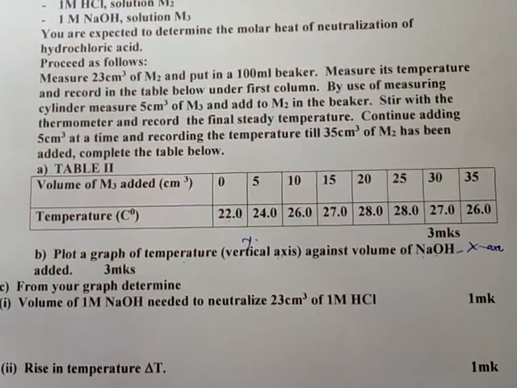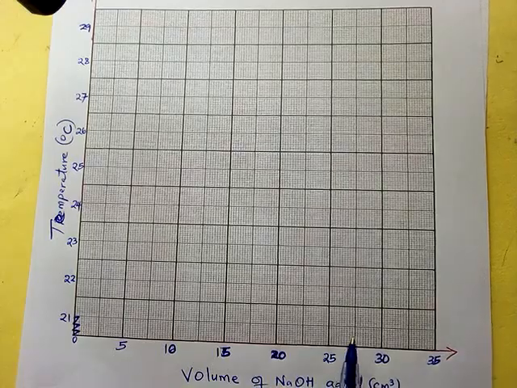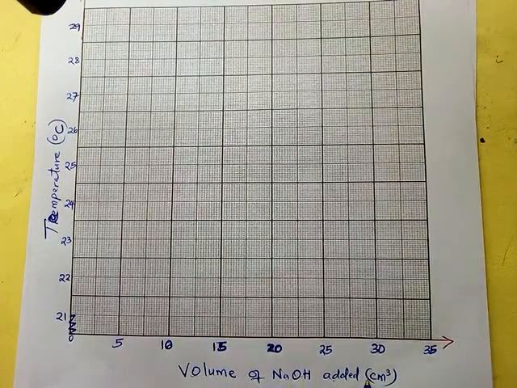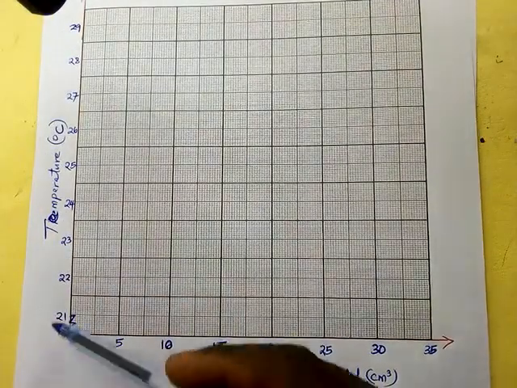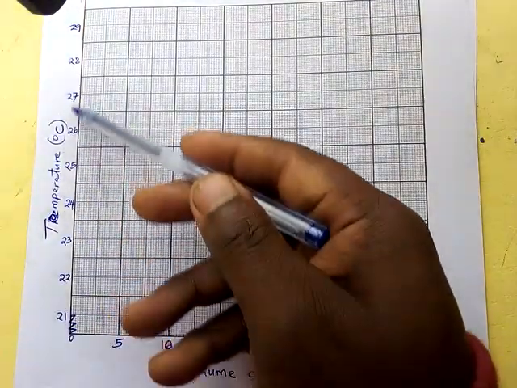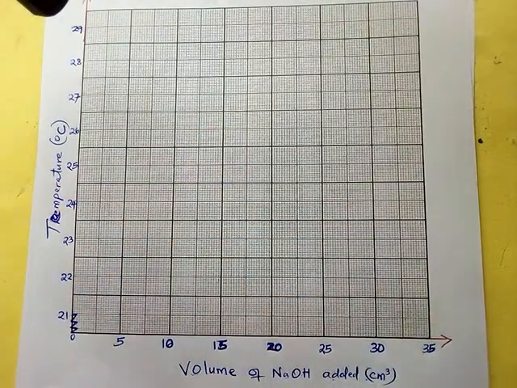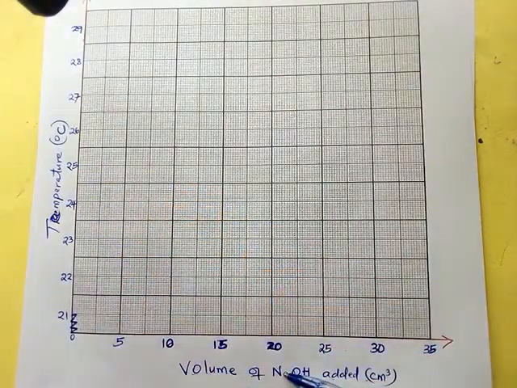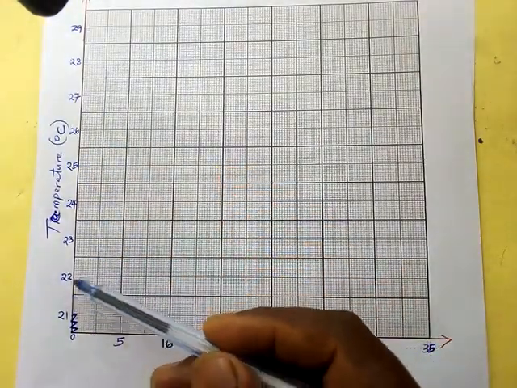So let us plot the graph. To save our time, now we have the graph of temperature against volume of sodium hydroxide added. Temperature is the y-axis, the vertical, and this is the x-axis, the horizontal. You must remember to label the graph to score the marks for labeling, and the scale should be a good scale.